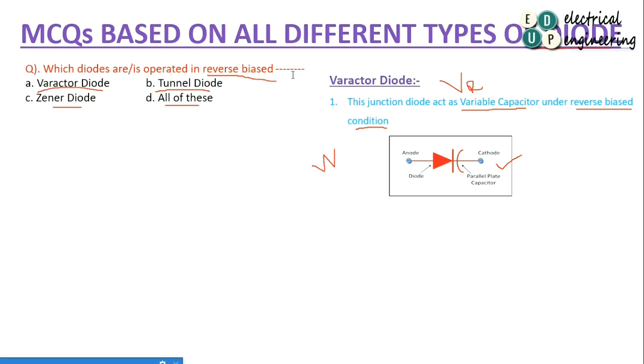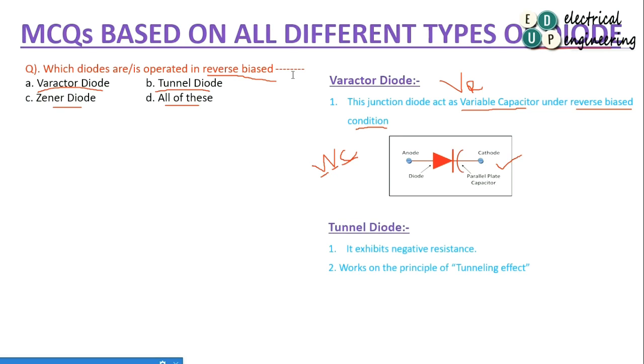It is also known as VVC, where V stands for voltage, V stands for variable, and C is capacitance. It is also known as varicap. Varactor is used for storing the charges, not flowing the charges. That means varactor diodes are operated in reverse biased condition.